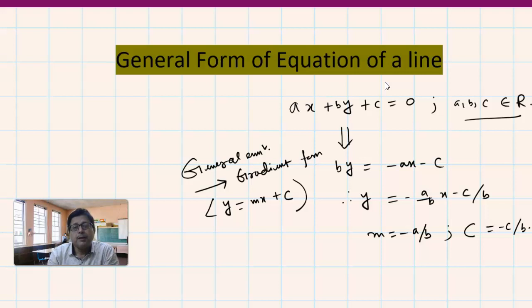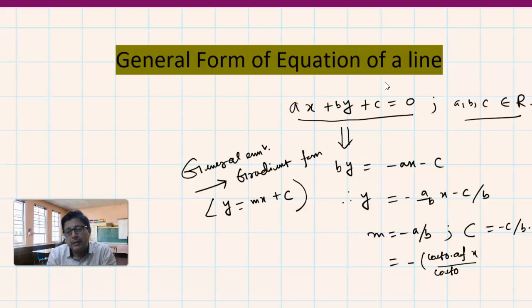Okay. So whenever this equation is given in general form, its slope is going to be equal to negative of the coefficient of x divided by the coefficient of y. And what is the value of c, that is the y intercept over there?